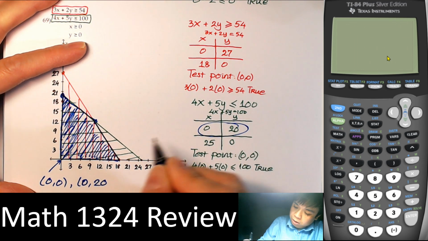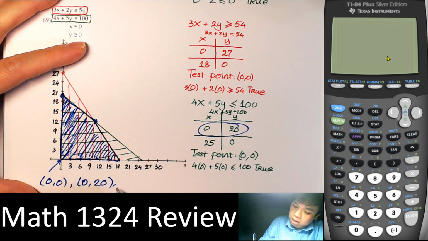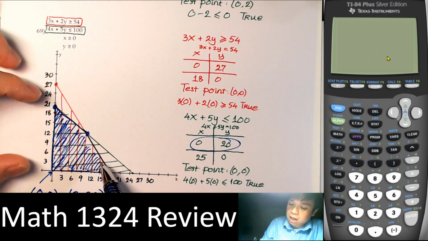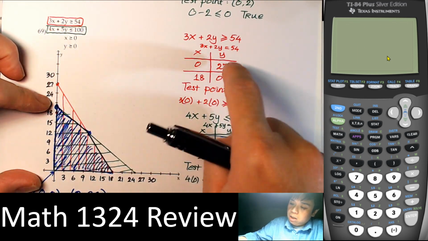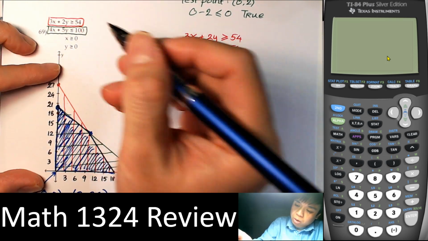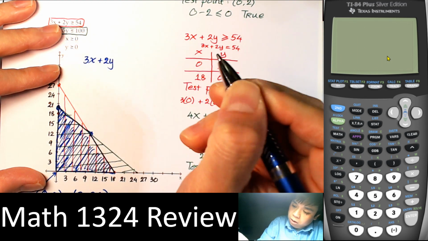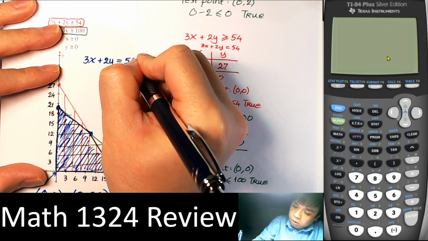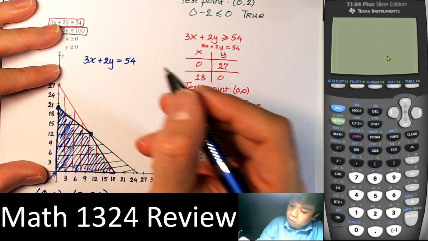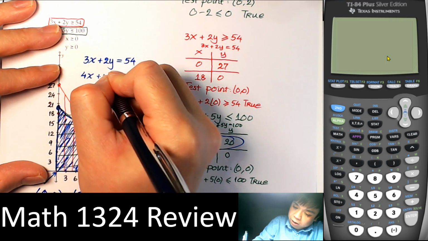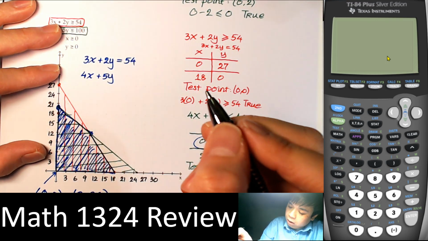This one, that to be determined. And that is 18 and 0. Right. Now this is the intersection of the two lines. So we solve the system of equations: 3x plus 2y equals 54, and x plus 5y equals 100.